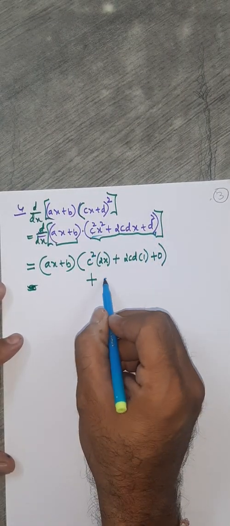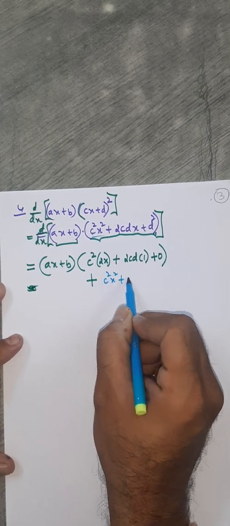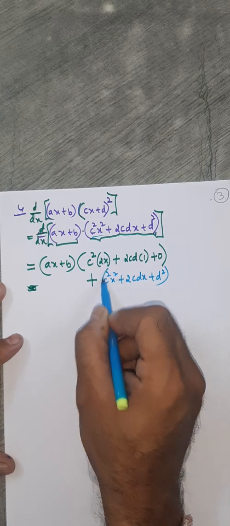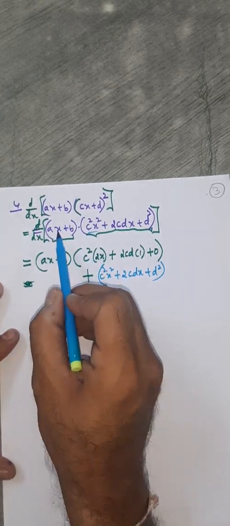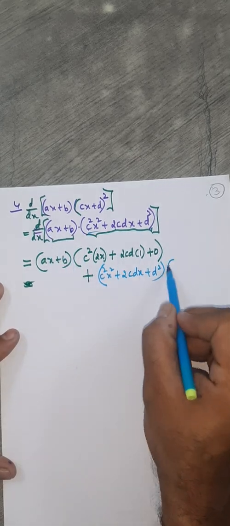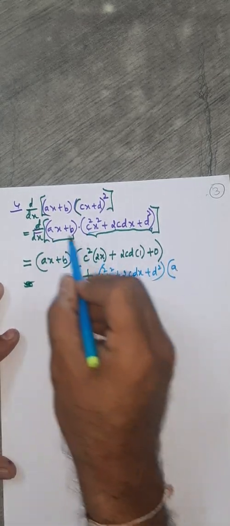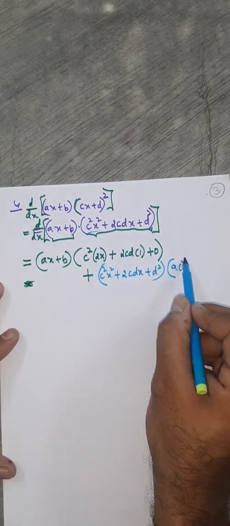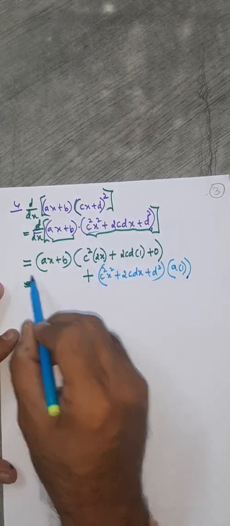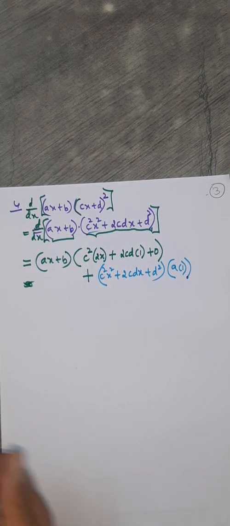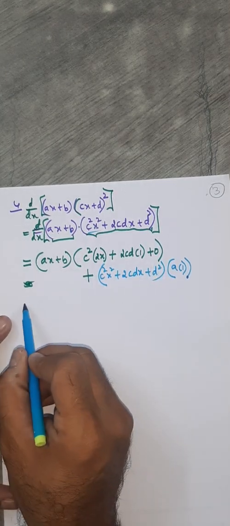Now this bracket as it is, c squared x squared plus 2cdx plus d squared as it is, differentiation of this portion: b being constant alone, derivative is 0. Here a into differentiation of x with respect to x is 1, b being constant alone, derivative is 0. So this is the derivative.